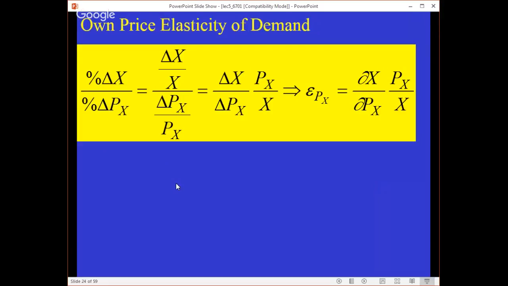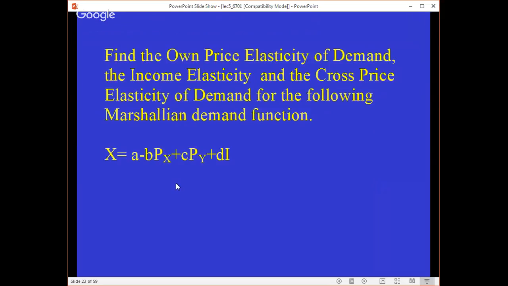Okay. Actually, let me write it out over here. X is equal to A minus B PX plus C PY plus D times I.